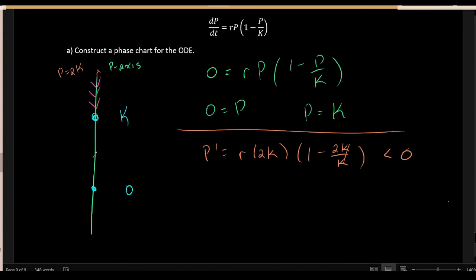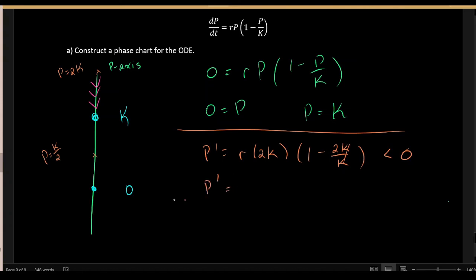What if we picked a population that was greater than 0, but which was below carrying capacity, maybe k over 2? Intuitively, we might guess that the population would increase in that case. The population is greater than 0, so there are still members available to reproduce, but the environment can still sustain more members, and so there aren't any limitations on the population yet.